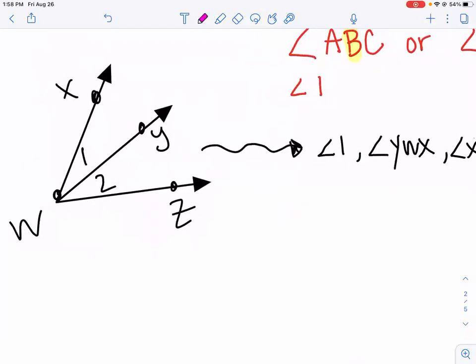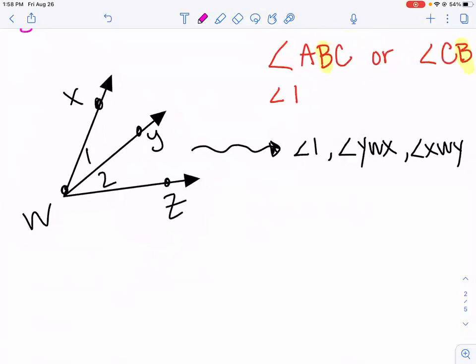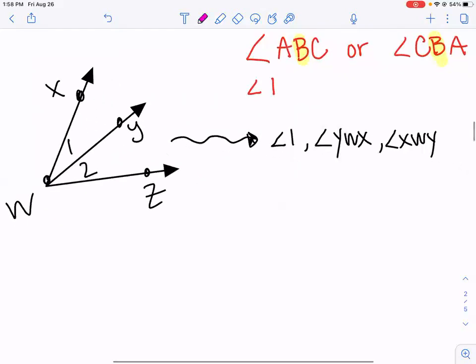Could I name it angle W? Yes or no? No, because there are 3 different angles with a vertex of W, so I don't know which one it is. If there are just 2 rays and only 2 rays, we can name it with that vertex.